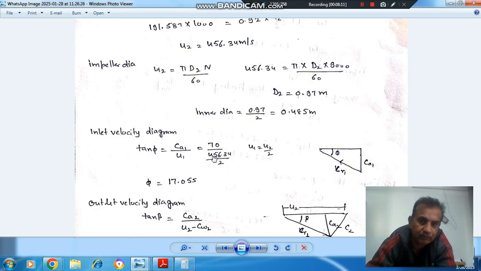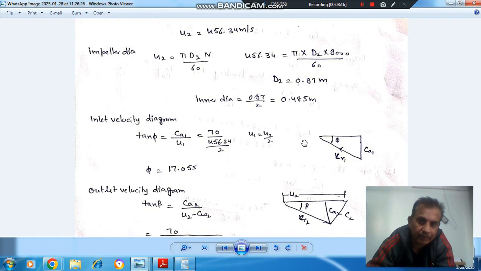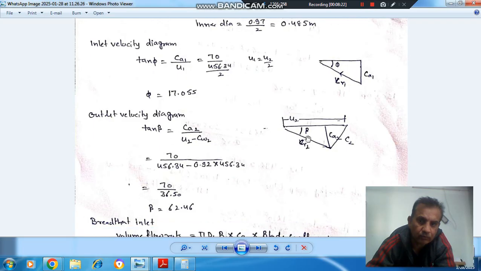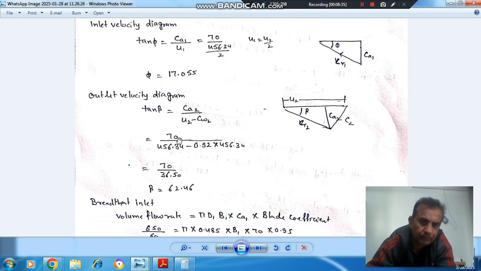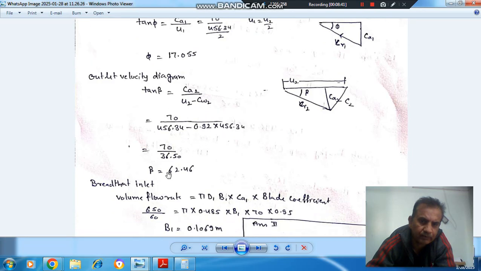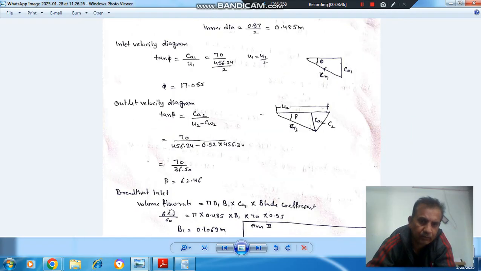So at inlet the blade speed will be 456.34 by 2, and so we can calculate this angle. That angle is 17.055. Now this is your outlet velocity diagram. From this we can also calculate the outlet blade angle. That is tan beta is equal to CA2 divided by (U2 minus CW2). So from this we get beta as 62.46.